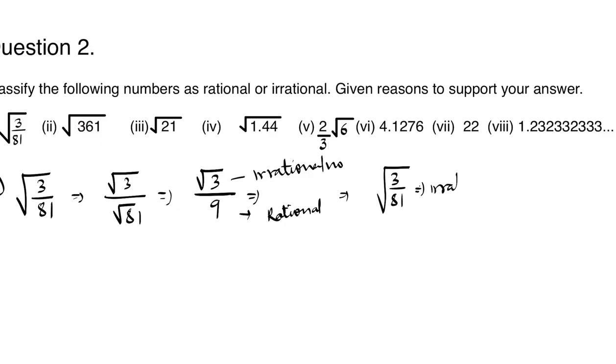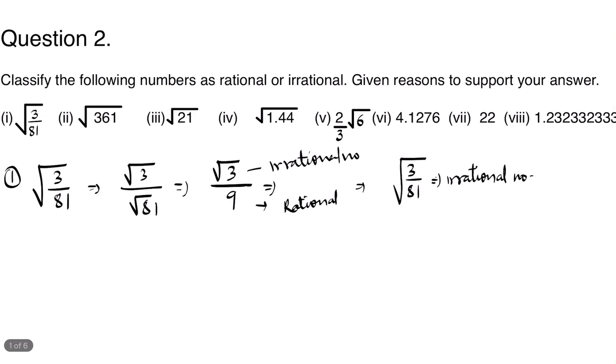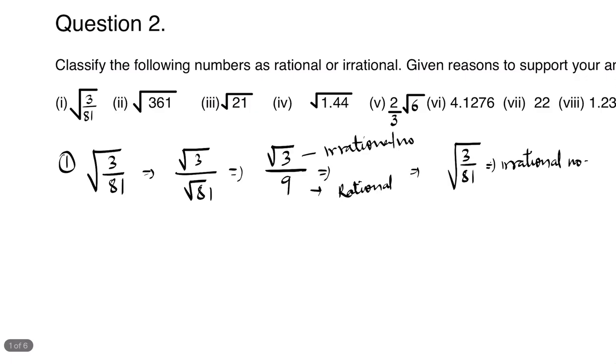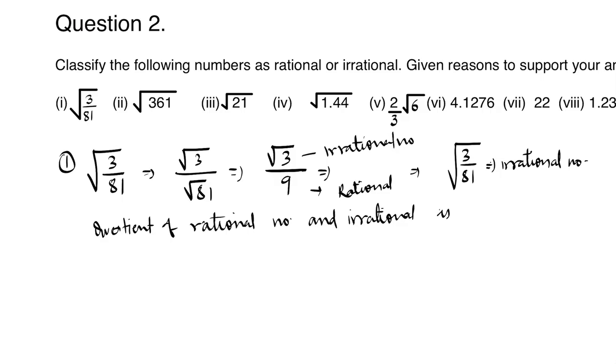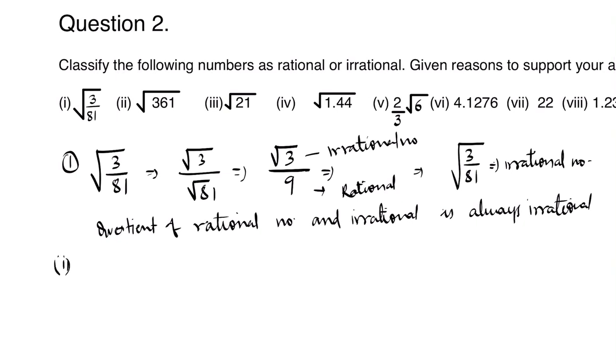For the reason we will write: the quotient of a rational number and an irrational number is always irrational.